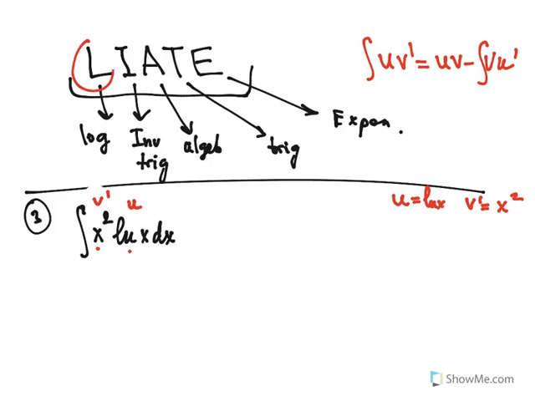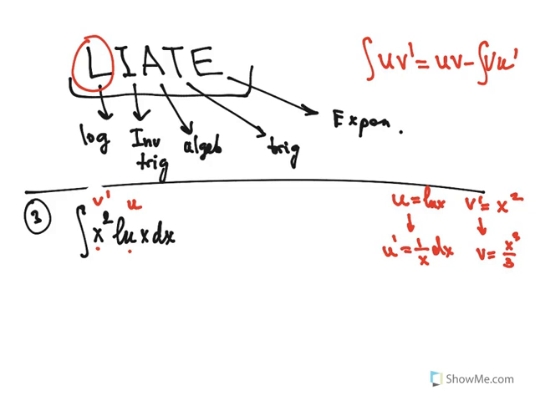You see right here, you always start with logarithmic expressions. So if you have logs in your integrand, that's what you substitute for u. Okay, so therefore, u prime equals 1 over x dx, and v equals, you integrate, x cubed over 3.